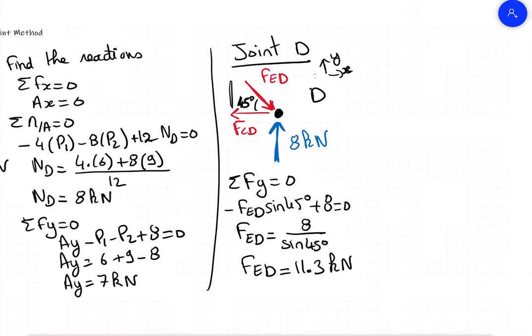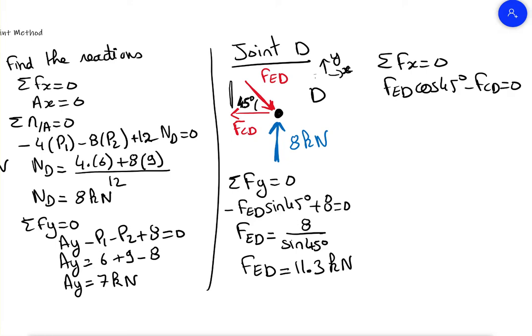Now we need to find FCD. We do the sum of the forces on X equal to 0. So FED cosine 45 degrees minus FCD is equal to 0. FCD is equal to 11.3 cosine 45 degrees, so FCD should be 8 again.